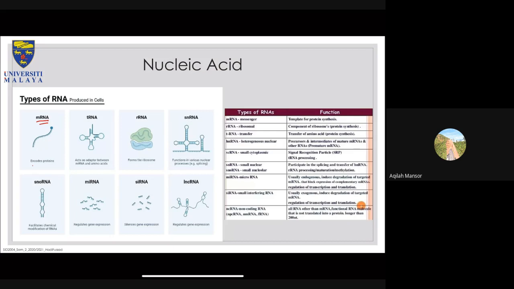But nowadays we know that mRNA carries a lot more information, not just about proteins, it also carries information about non-protein structures. mRNA can also be transformed into something else. It's just a matter of where they go towards the end of the day in the cell that makes an RNA become either M or T or R or SN and so on and so forth.